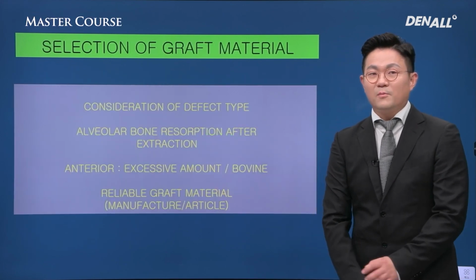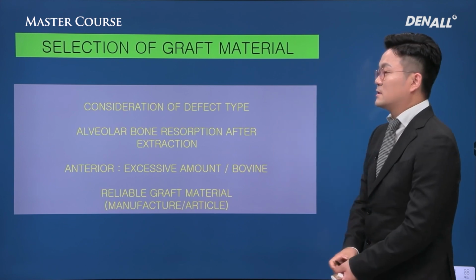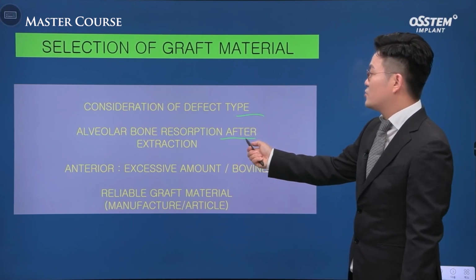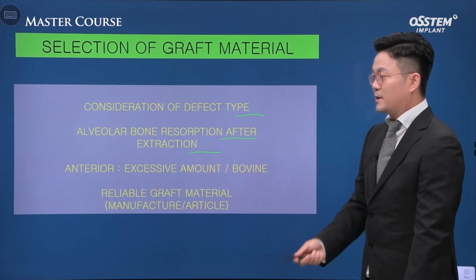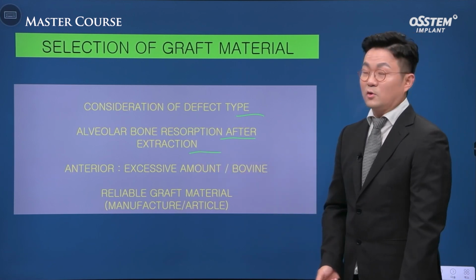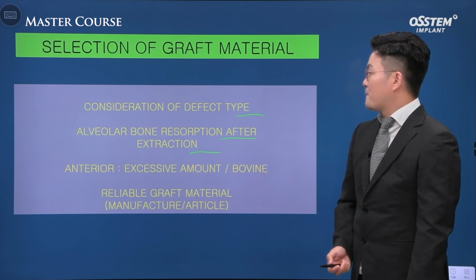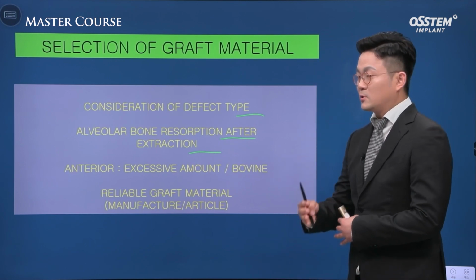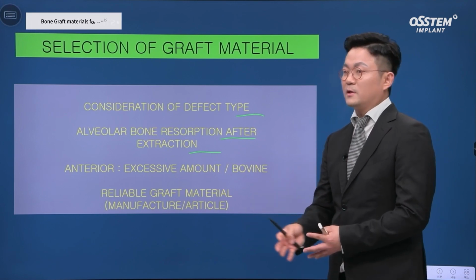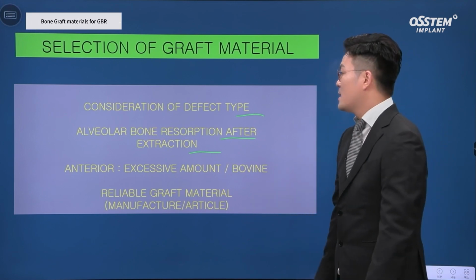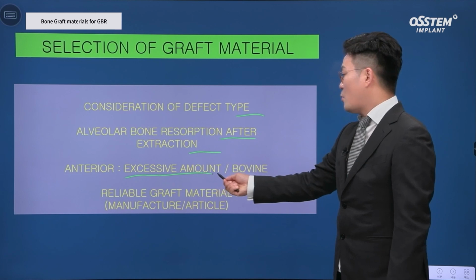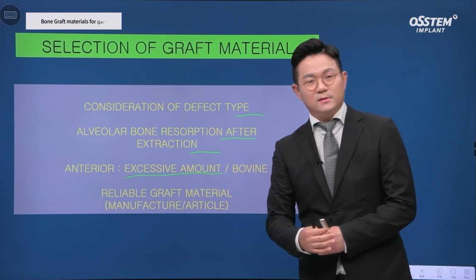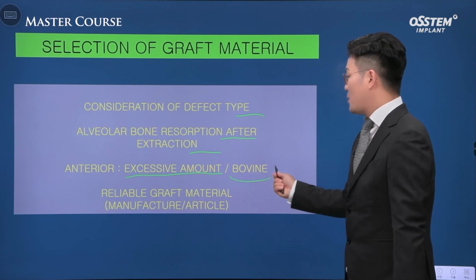Selection of graft materials, defect type, resorption after extraction, these need to be considered, but most of all, as I said before, in the posterior region it doesn't make a big difference, but when we graft beyond the bone housing, xenograft should be used.